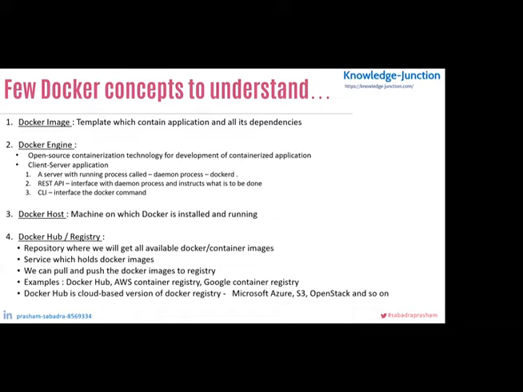When we install Docker, we have one out-of-the-box registry, which we call Docker Hub. In it there are a few sample images. Then we could have our own registry as well, either in Azure or somewhere in the cloud. These are the repositories to store Docker images or container images.